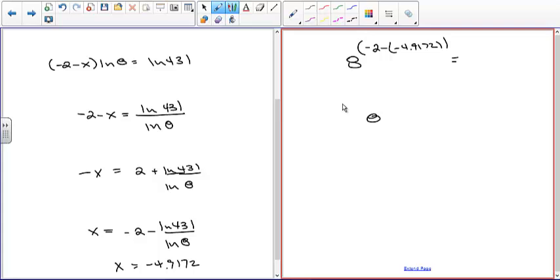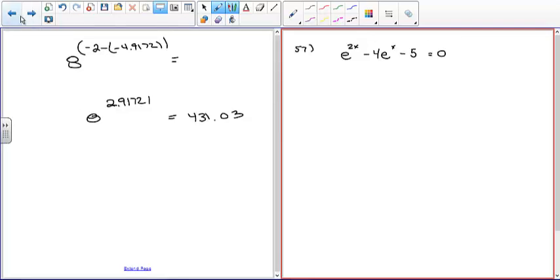That's 2.91721, and so 8 raised to the 2.91721 power is 431.03. So again, that's just because I didn't take out an infinite number of data points.